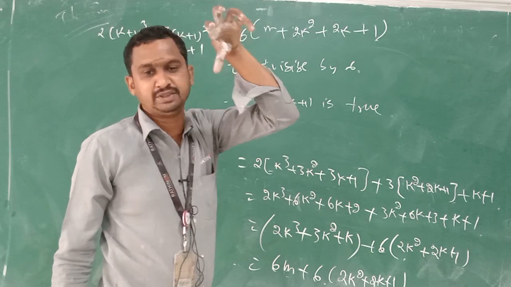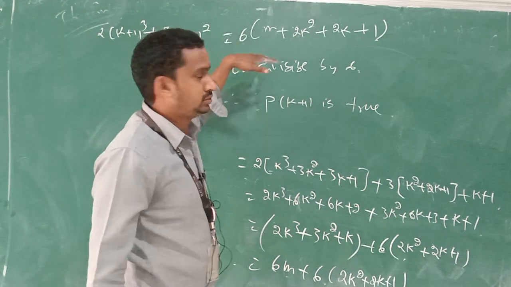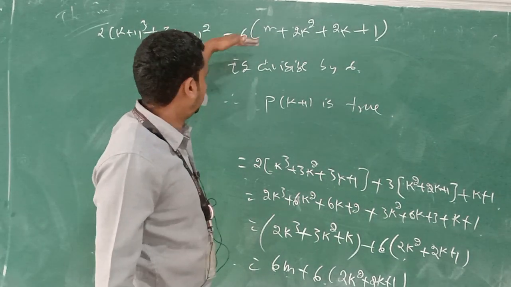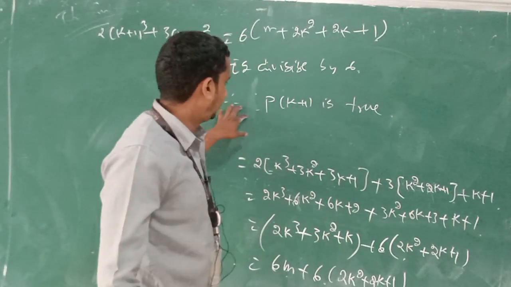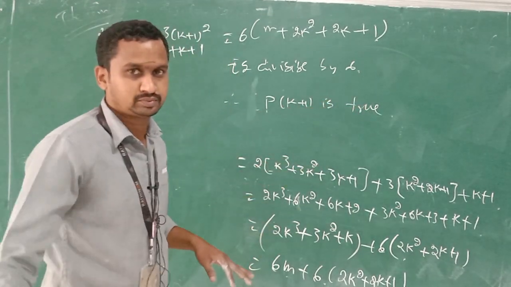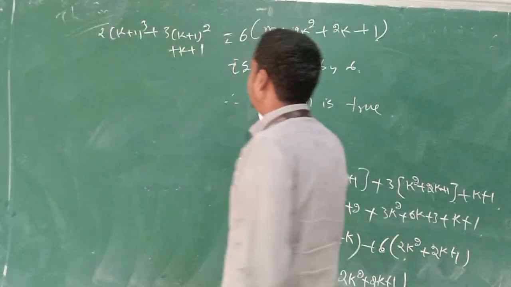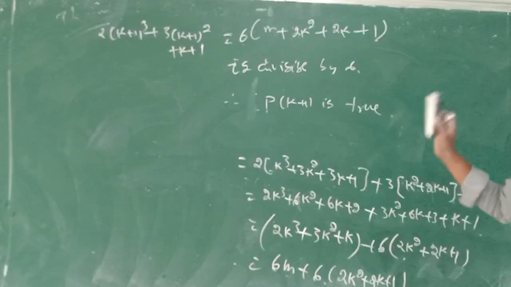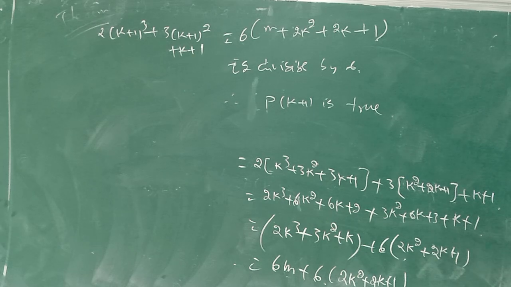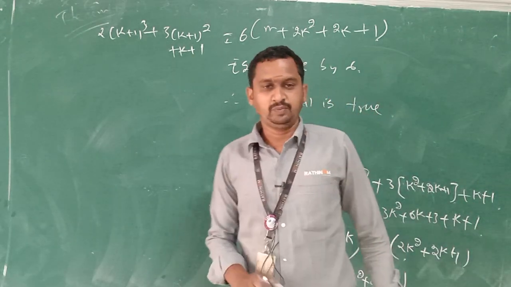Your final answer will be a multiple of 6, a multiplication in the table of 6. So the above statement is true and divisible by 6. Therefore, the assumption P of k implies P of k plus 1 is true. So by the principle of induction, 2n cube plus 3n square plus n is divisible by 6, hence the theorem.